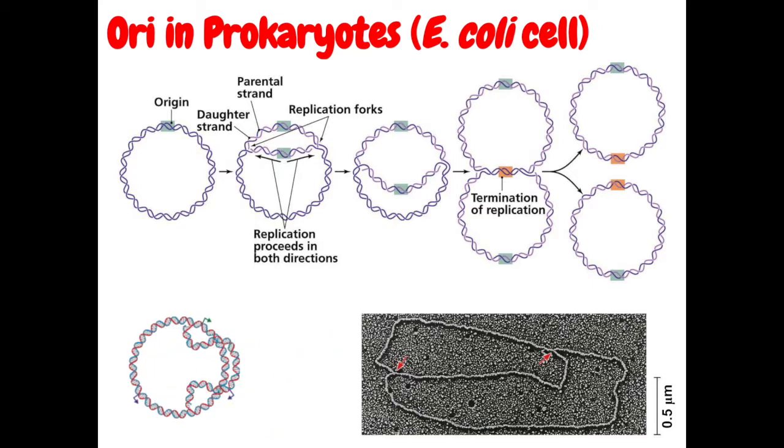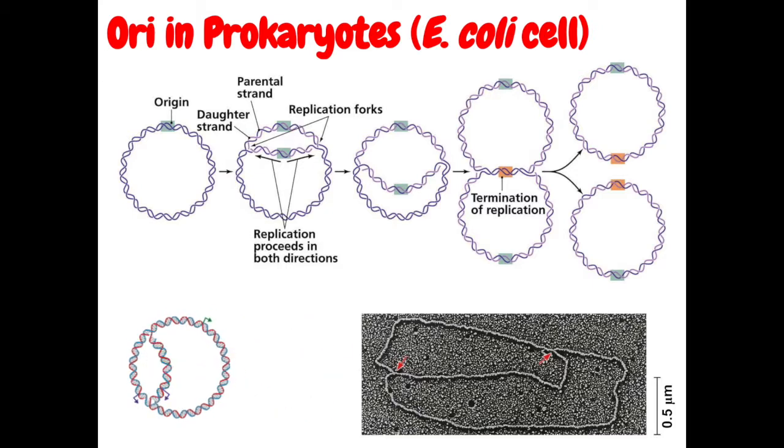Prokaryotes have about 4.6 million base pairs, compared to humans that have about 3 billion base pairs. So prokaryotes have a fairly small genome, and the time it takes for a prokaryotic genome to be replicated is a lot shorter than it is for eukaryotes.